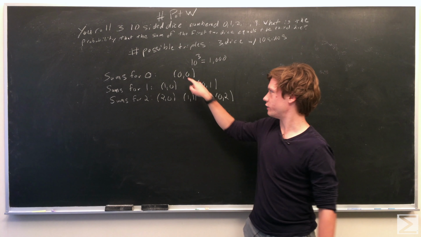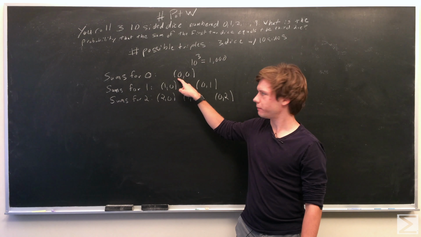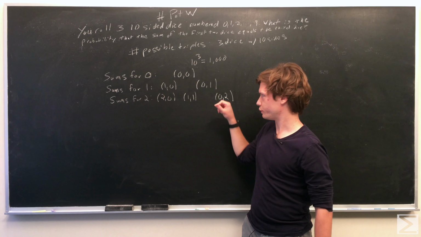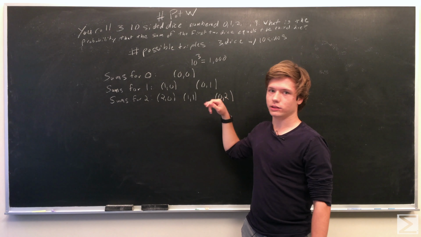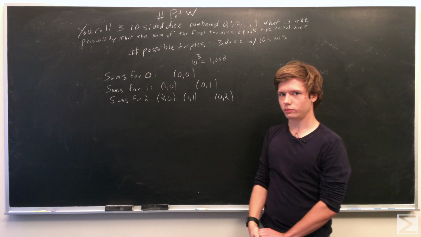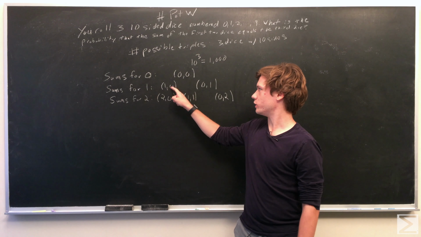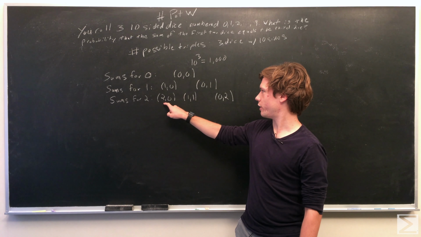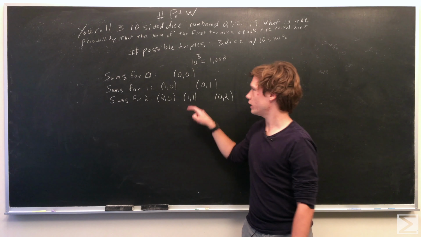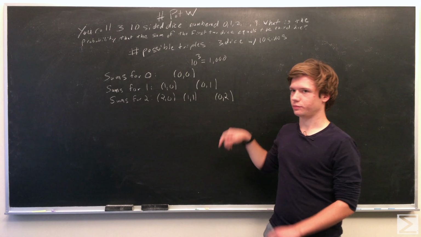So for 0, 0, we add 1 to the first die and we get 1, 0, and then we add 1 to the second die, where the first term is 0, to get 0, 1. And then the same for 2. We have 1, 0; add 1 to this to get 2, 0; add 1 to the second of 1, 0 to get 1, 1; and then we add 1 to 0, 1, and we get 0, 2.